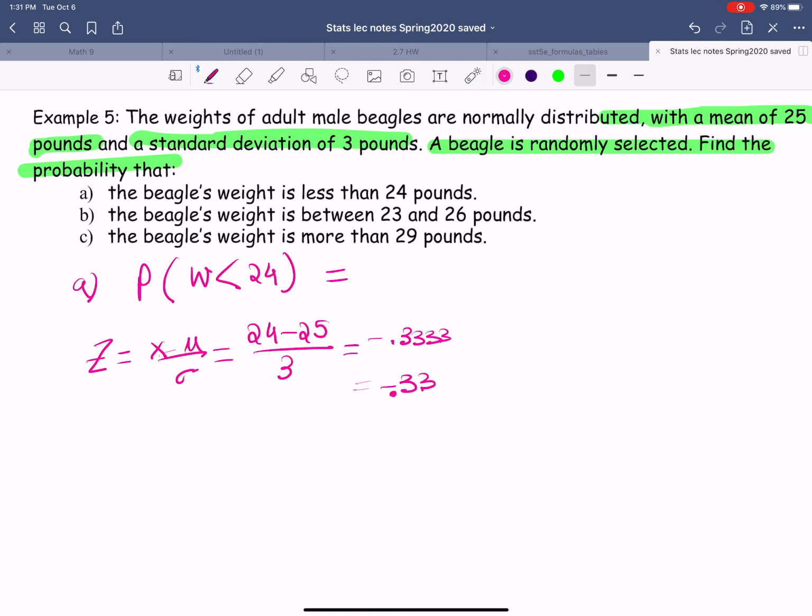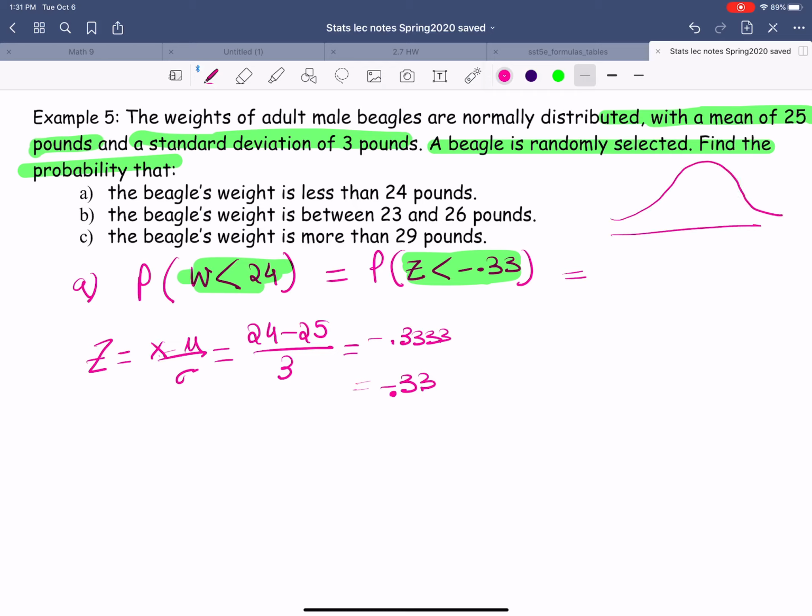Now we want to find the beagle with the weight less than 24. That means we want the probability of a z-score less than negative 0.33. We converted the weight into the corresponding z-score, and we're looking for the area to the left because it says less than.